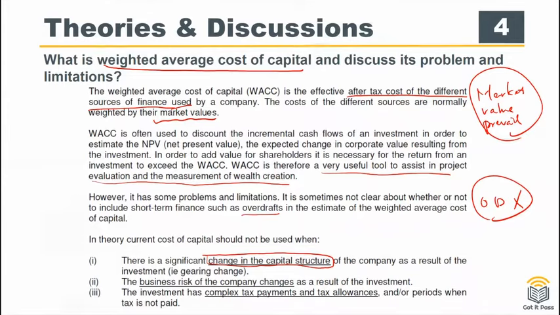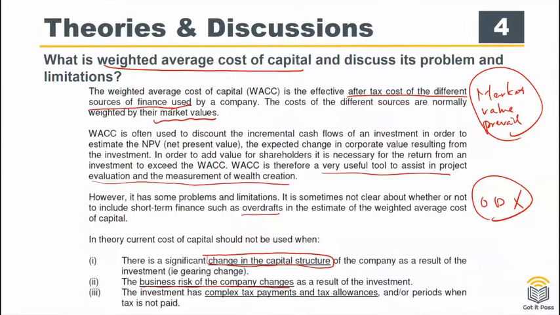The current cost of capital cannot be applied, and also you have to consider that the business risk of the company changes as a result of investment. So don't forget, we have the project-specific cost of capital, because sometimes the company decides to expand into a different business, then the business risk will be different as well.